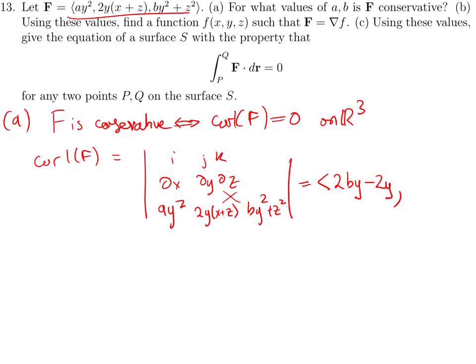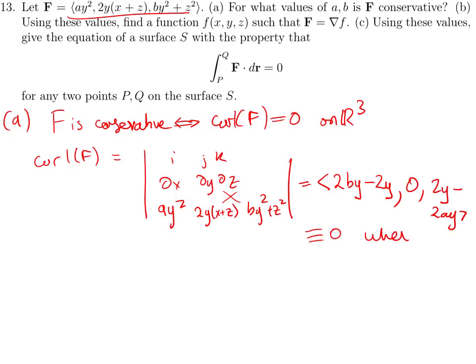For the second component, we actually just get 0. And for the third component, we get 2y minus 2ay. And so in order for the field to be conservative, this thing has to be 0.